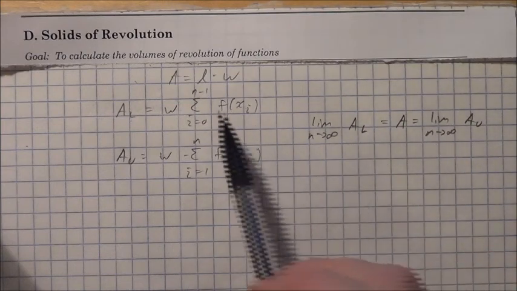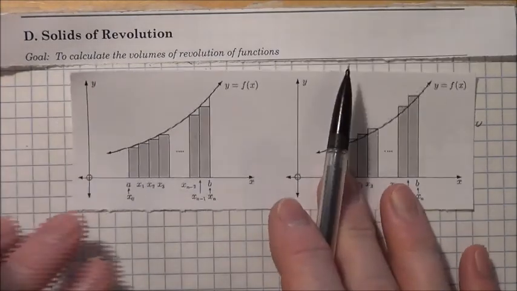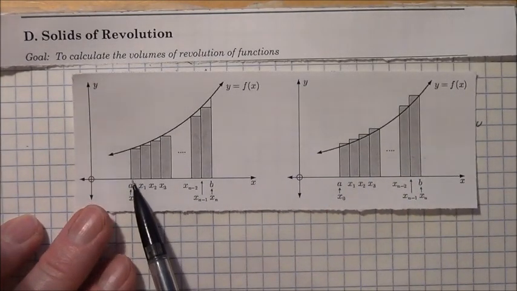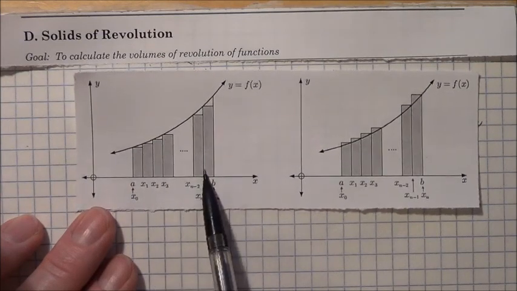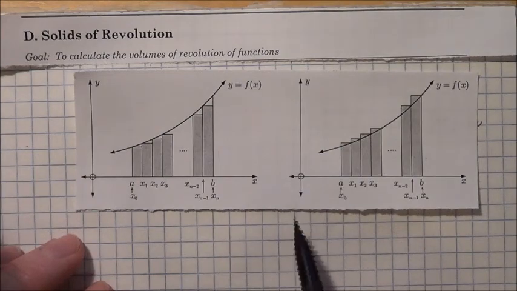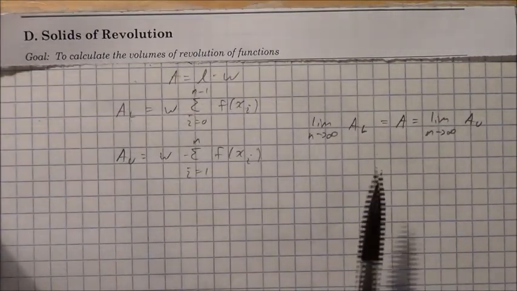So by narrowing the widths of all these rectangular strips into infinitesimally small widths, we ended up getting a very, very good approximation for the area under the curve.